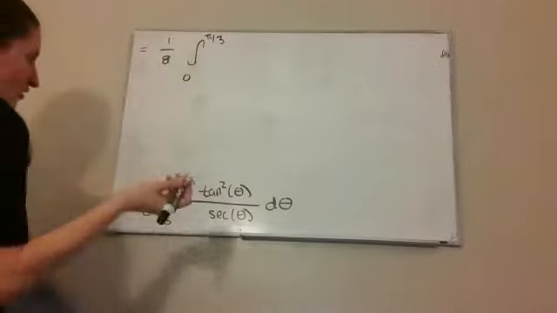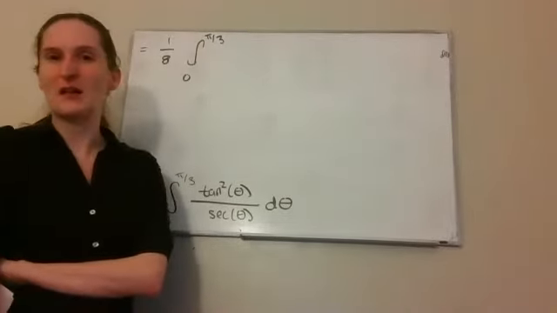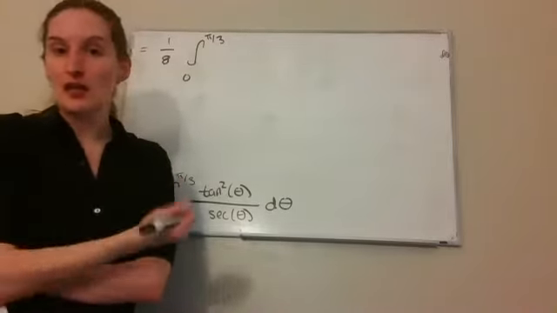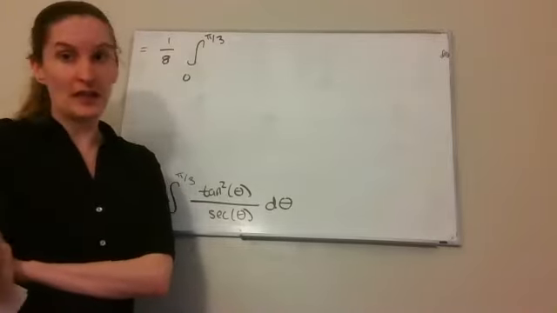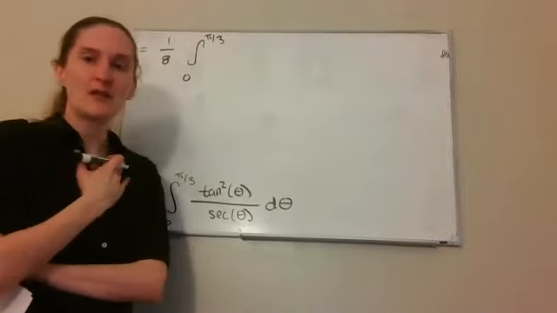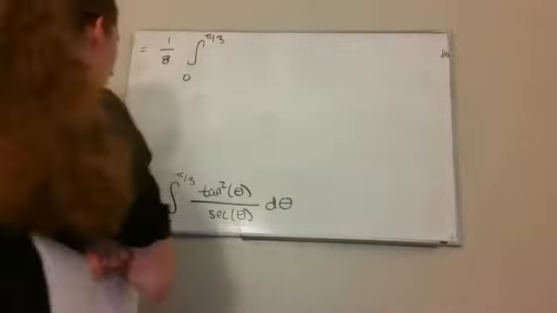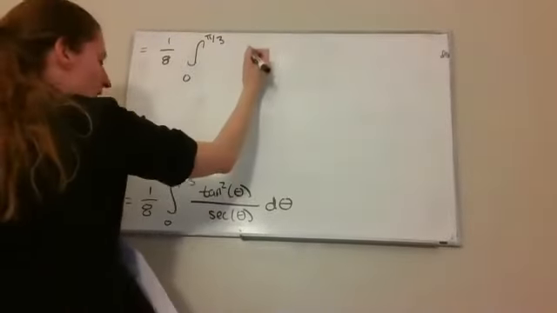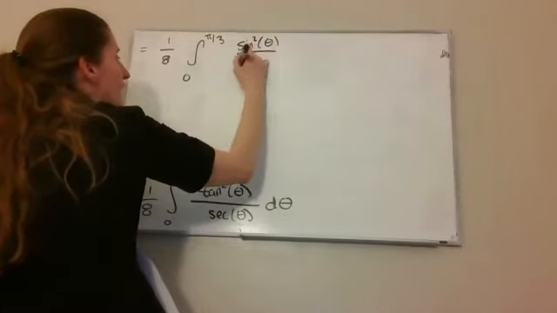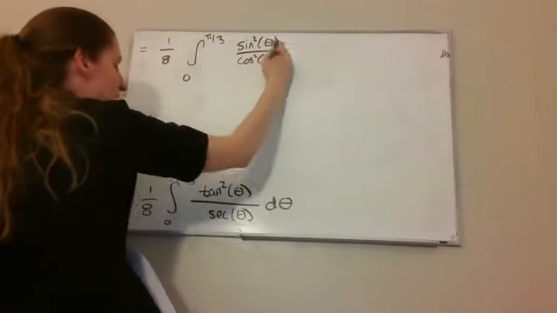And, you know, I've actually changed my mind. I'm going to use sines and cosines like I originally did, because that was my first gut instinct. You probably could do this using the trig identity and it would be just fine, but a lot of times it's good to trust your instinct. So I'm going to do this with sines and cosines like I originally said. So tangent squared is sine squared over cosine squared.